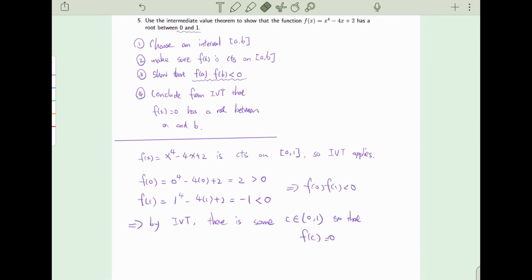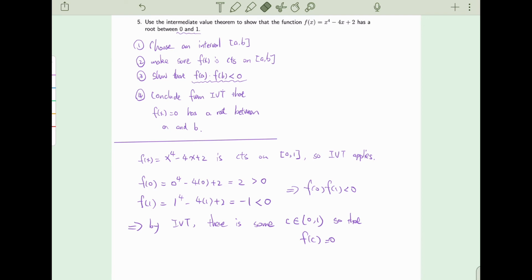somebody may ask, why is that the root? Well, because f of c equal to 0, meaning that c to the 4 minus 4c plus 2 is equal to 0, right?